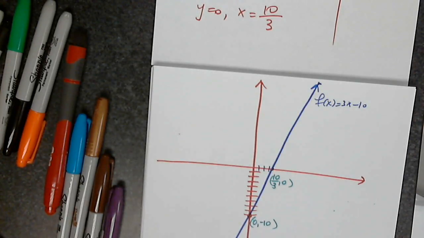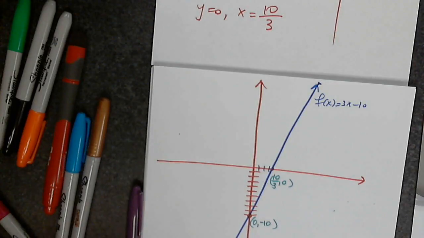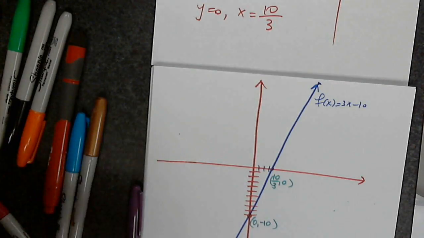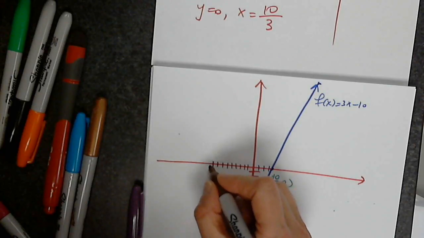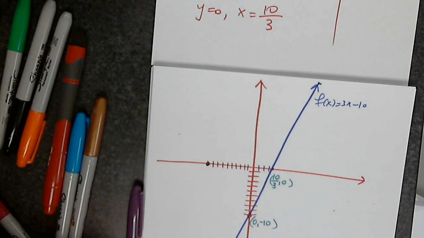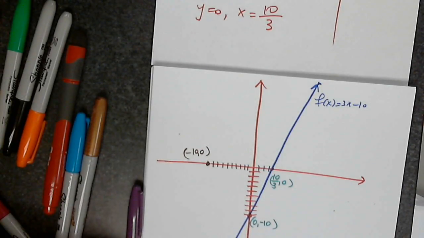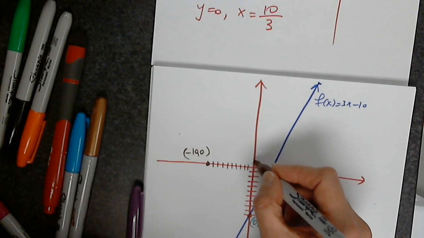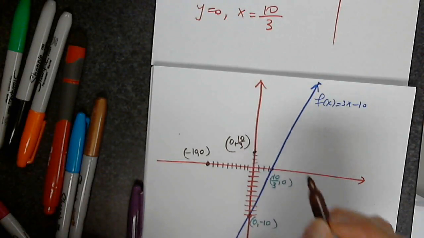Negative 10 and 0. Exactly. Of course. I don't need to calculate anything because I know they are inverses of each other. 1, 2, 3, 4, 5, 6, 7, 8, 9, 10. So that would be negative 10, 0. And the other ordered pair will be 0, comma, 10/3.